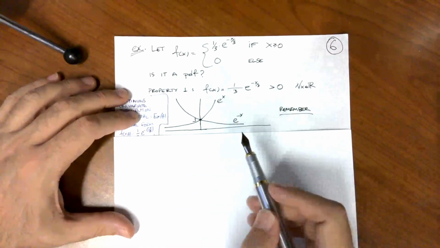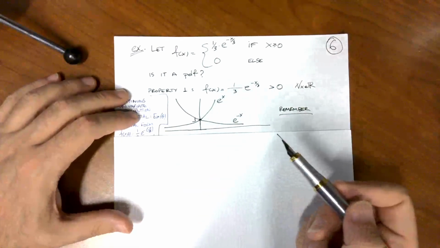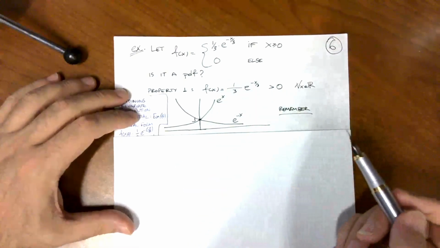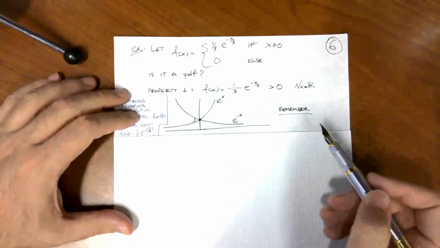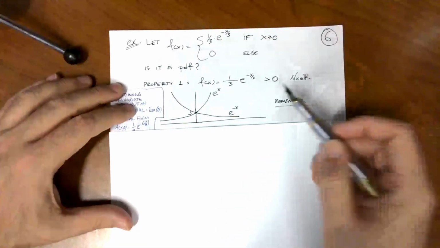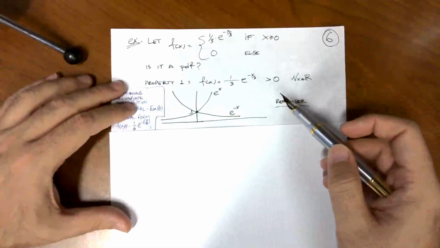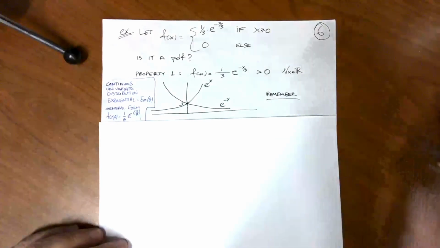And in this format, where there's no parameter in front of the x, it passes through the value of 1 on the y-axis. It never reaches 0. So f of x actually approaches 0 but never reaches it. So we can claim from the diagram and from the graphical representation here that this is a non-negative function.